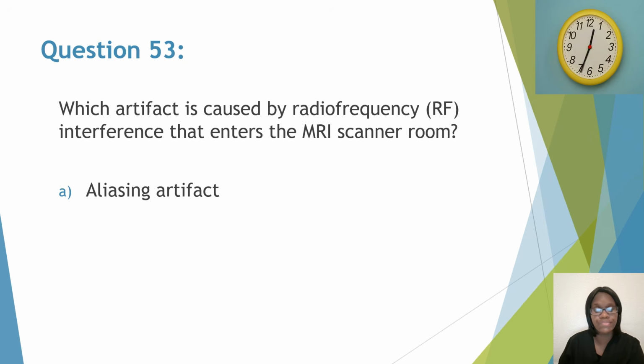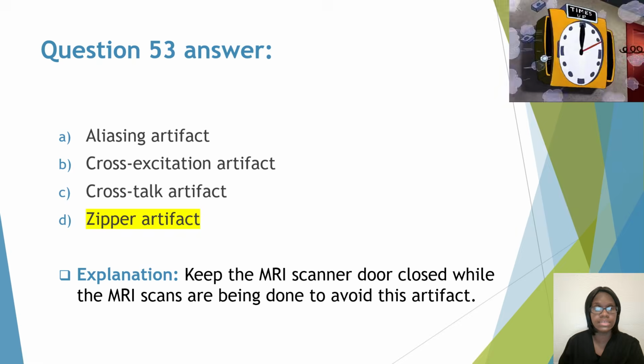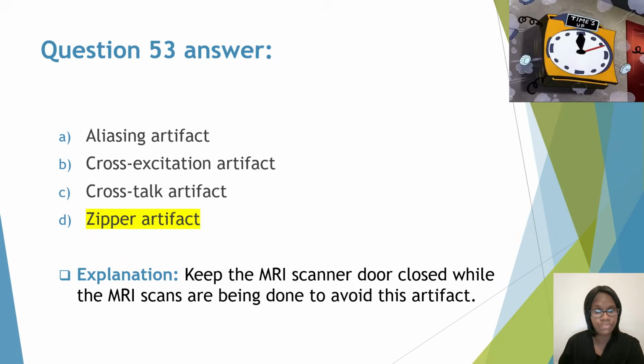A. Aliasing artifact. B. Cross excitation artifact. C. Crosstalk artifact. D. Zipper artifact. All right, the correct answer is D, zipper artifact.